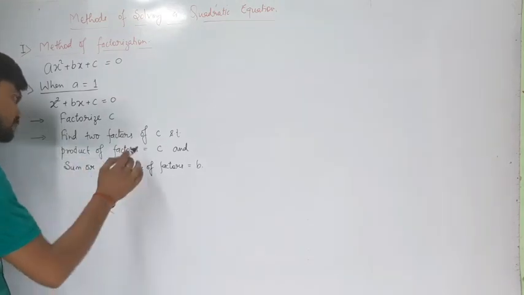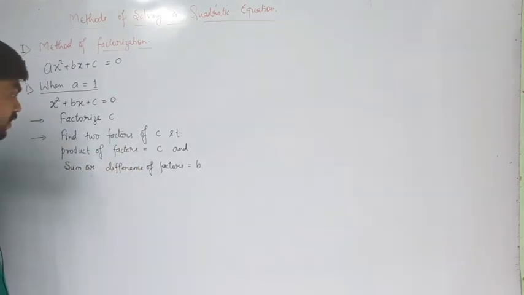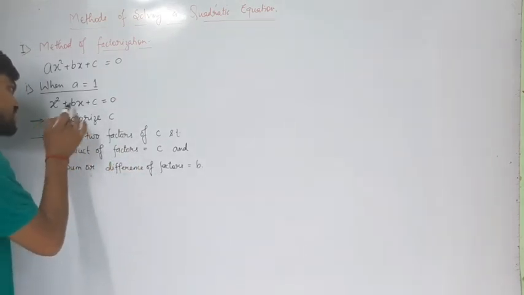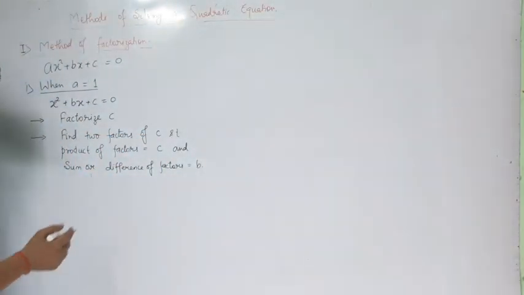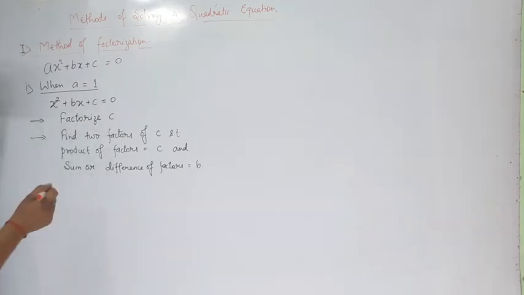If such values we find, those values will be placed here and then we shall factorize. I think it is very cumbersome to understand. So please see one example and then try to eliminate your doubt by yourself. Let us see the question.